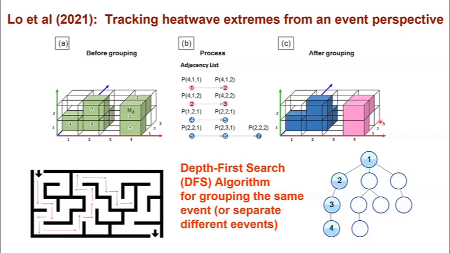So it's simply like the one where people solve a puzzle. A simple example is that these are the places that exceed the threshold, but you can take these two as different events, okay?